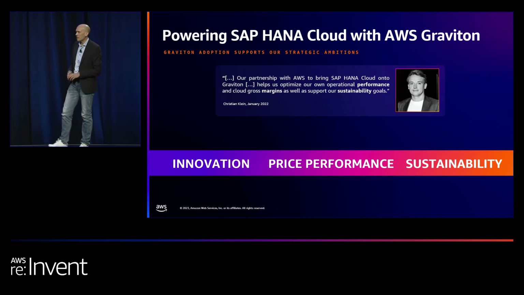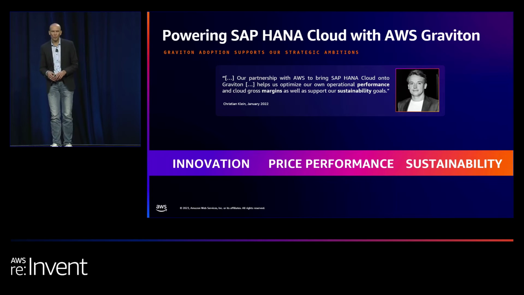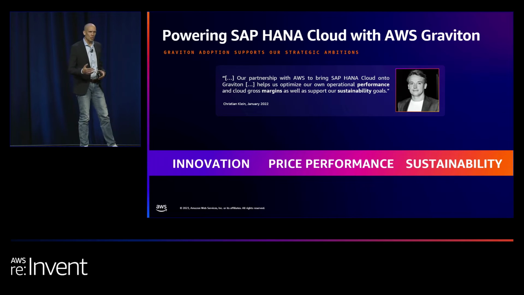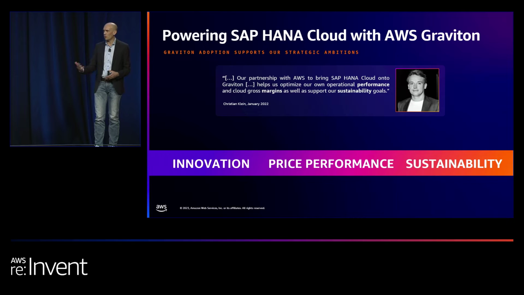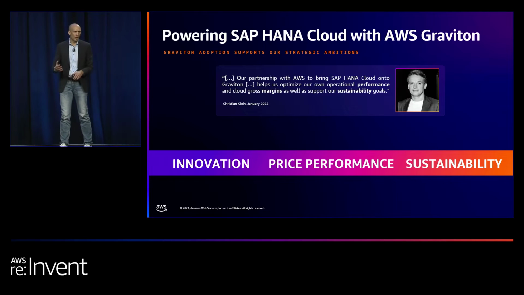And last but not least, and Steve talked about it in terms of energy efficiency, that's also a concern that we at SAP have. What is it that we can do to reduce the impact of our technologies onto the environment? So sustainability and energy efficiency was also a key argument why that movement onto AWS Graviton was a key project that we were driving forward in the last 2 years.